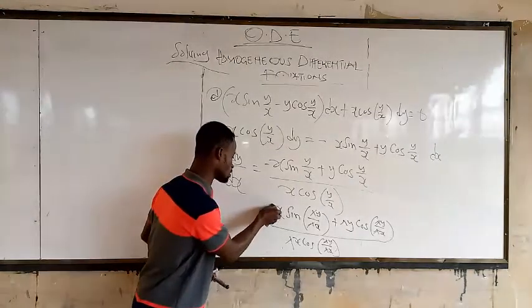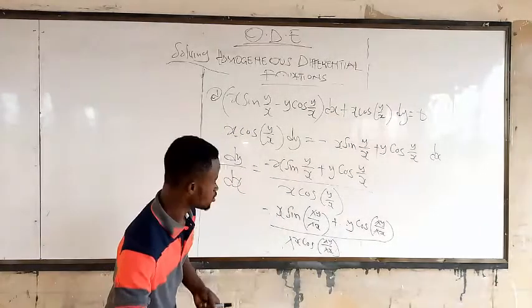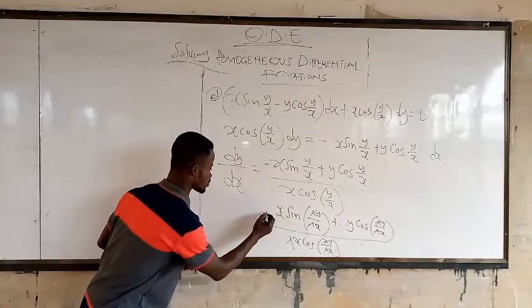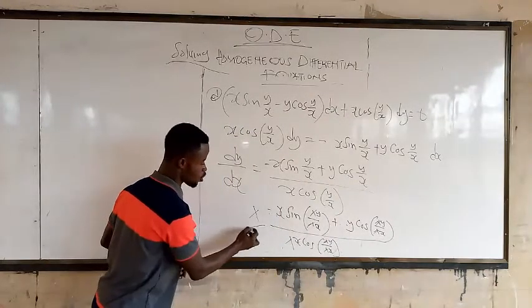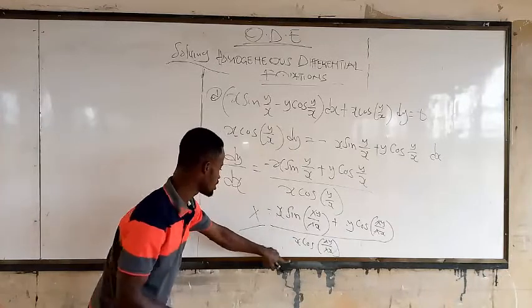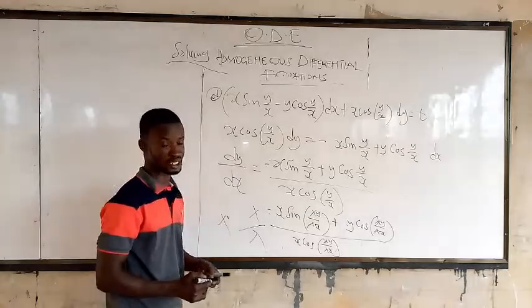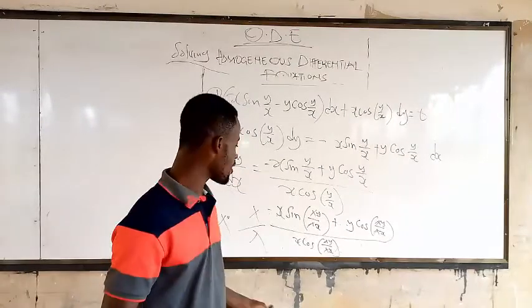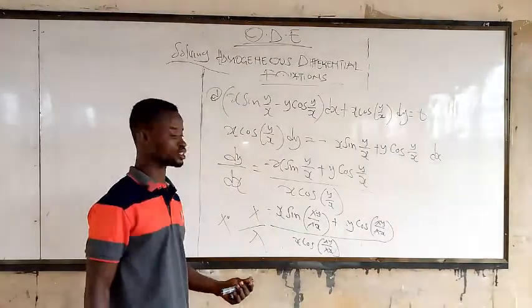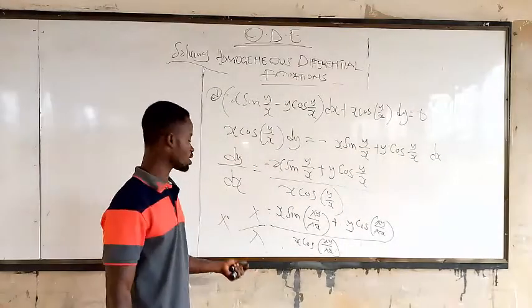When you factor this lambda out, you are going to get x here. You are going to get lambda here over this lambda here, so we are just going to get lambda raised to the power 0. And therefore it's a homogeneous differential equation because we have the degree to be 0.